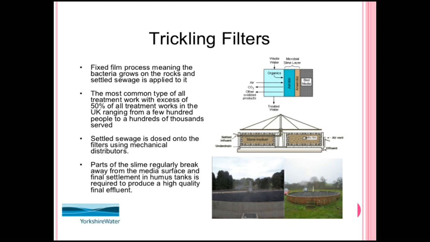The settled sewage is dosed onto the filter using mechanical distributors. Parts of the slime regularly break away from the media surface and a fine settlement humus tank is required to produce a high quality final effluent.